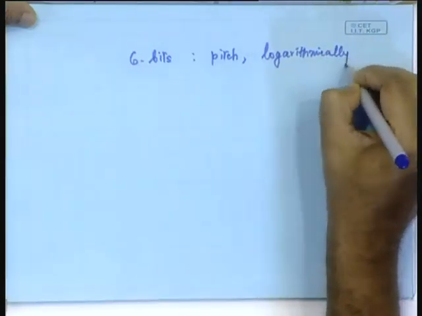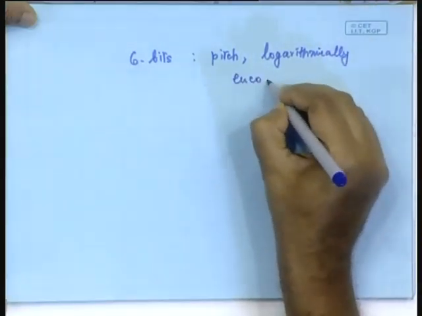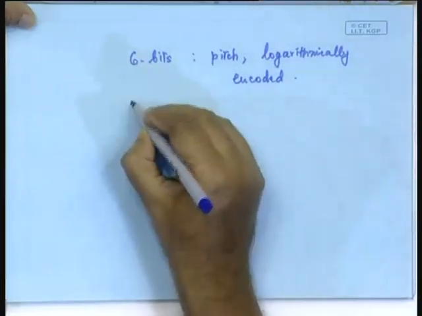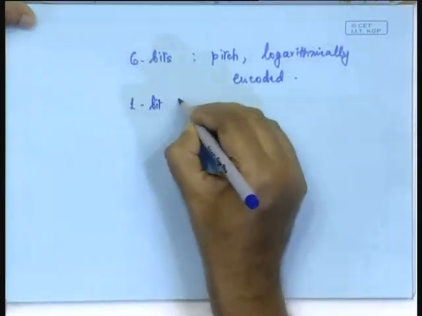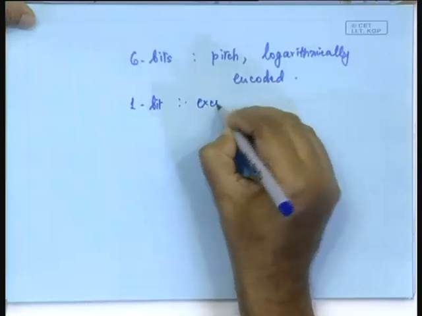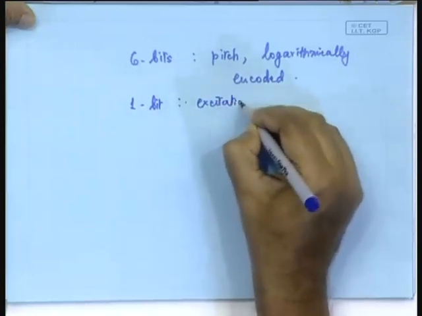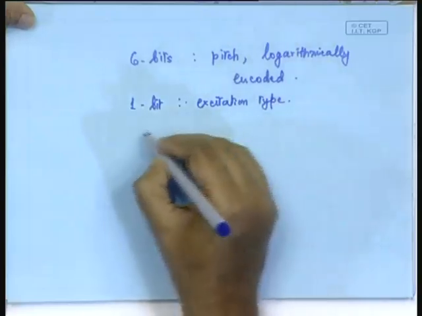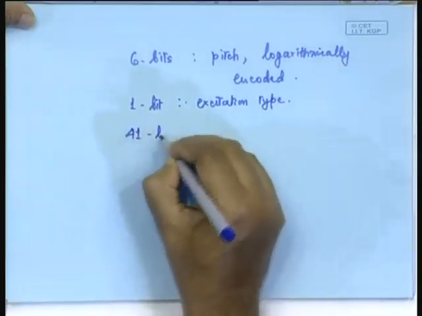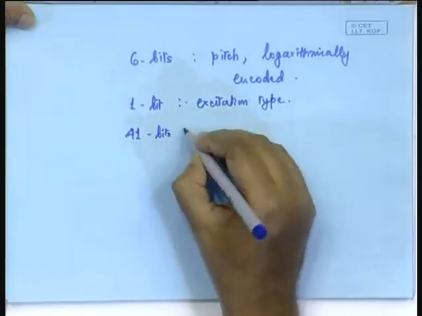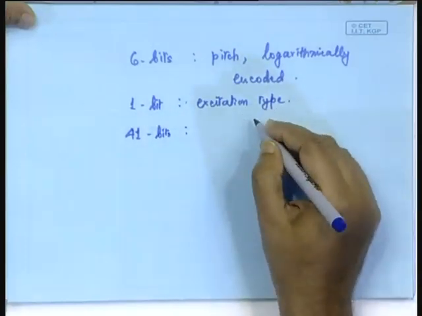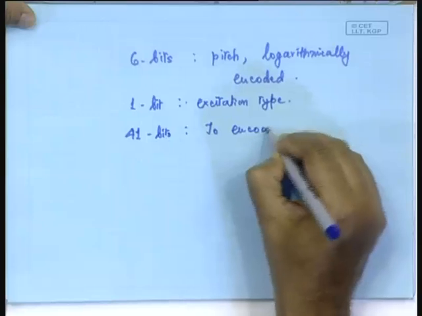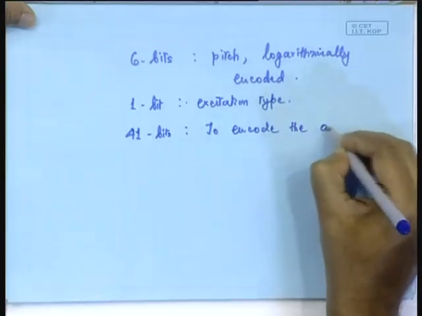Then we require 1 bit to specify the excitation type, and what is that excitation type? It is the voiced unvoiced decision, and then we require 41 bits to encode the output of 19 filters.